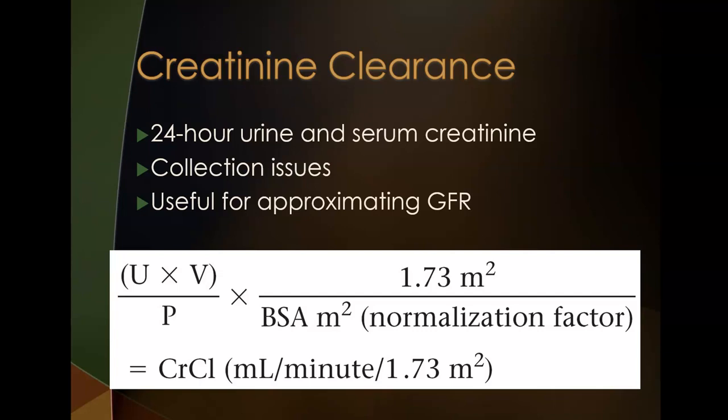The formula is the urine creatinine times the volume divided by the plasma creatinine, and times 1.73 divided by the body surface area of the patient with their normalization factor.